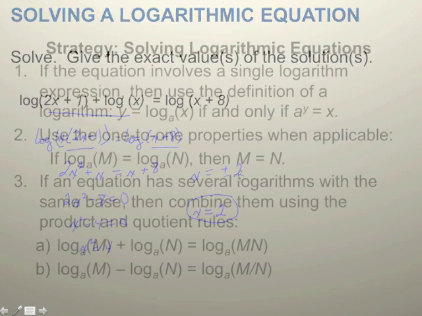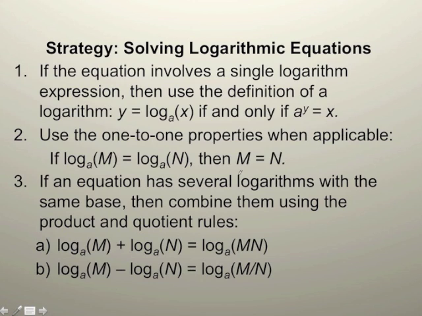Always check them. Now here's a summary of our strategies for solving logarithmic equations. If the equation involves a single logarithm, then use the definition of the logarithm: y equals log base a of x if and only if a to the y equals x. We can use the one-to-one properties when applicable.